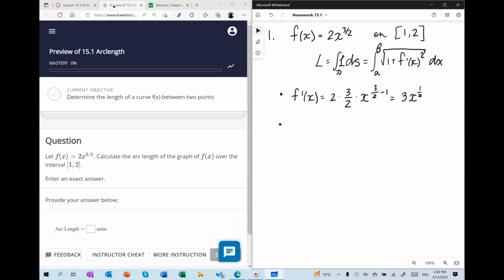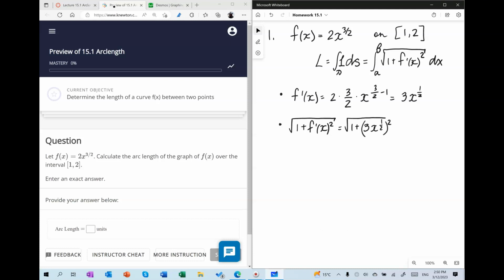Next, we're going to plug everything into the integrand, or the formula that represents the integrand. So this whole thing will be equal to the square root of 1 plus 3x to the power 1/2, squared.